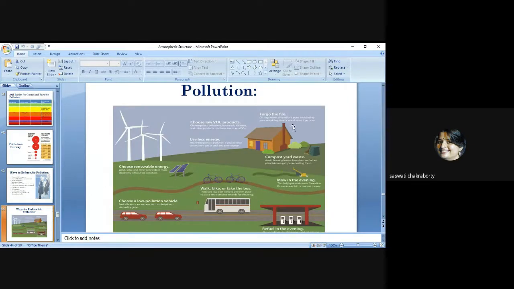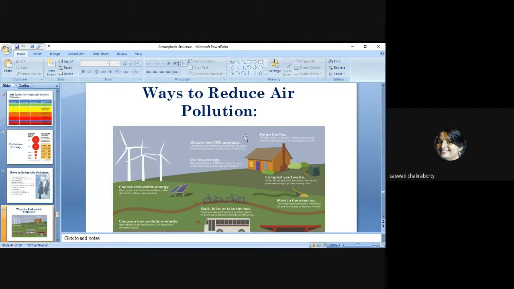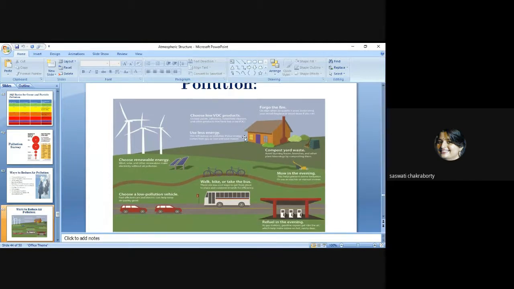See, this is an image actually. Ways to reduce air pollution. Forgo the fire. Somebody told me about cycling, right? Yes, ma'am. Bicycle rides. Walk, bike, and take the bus.